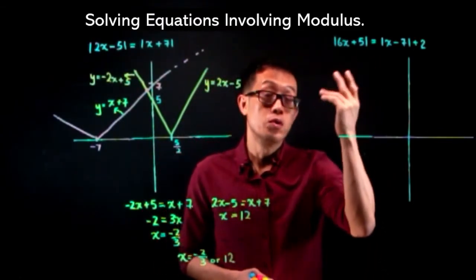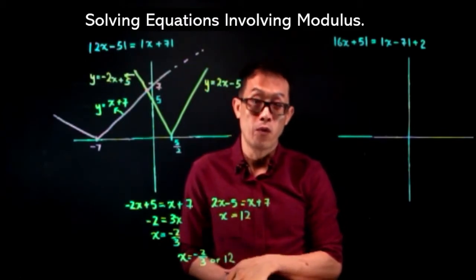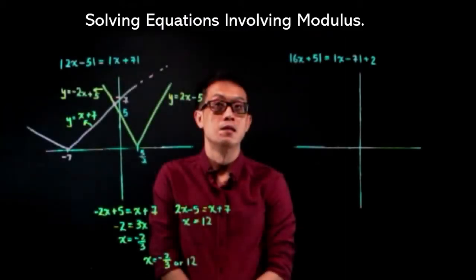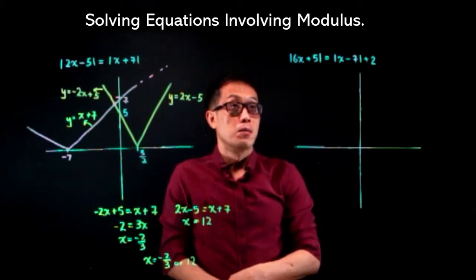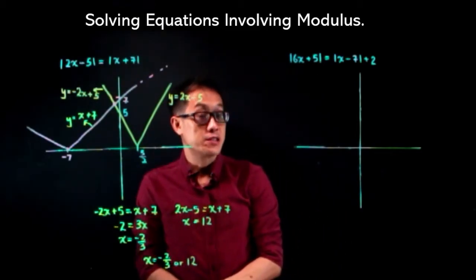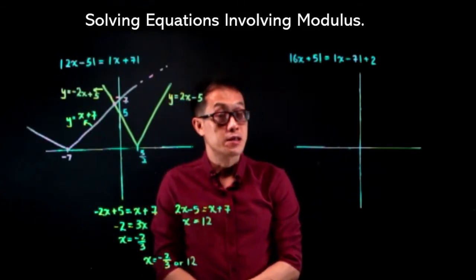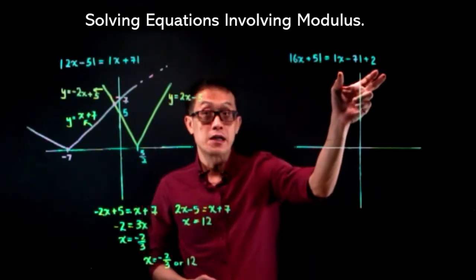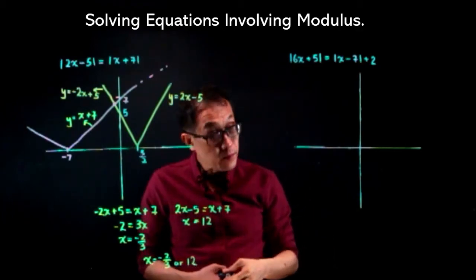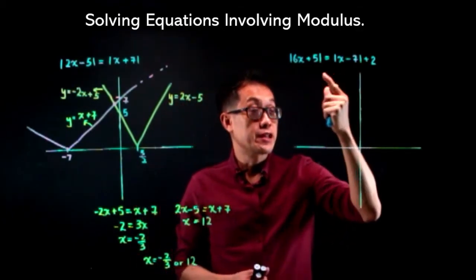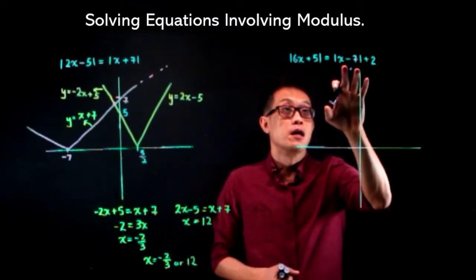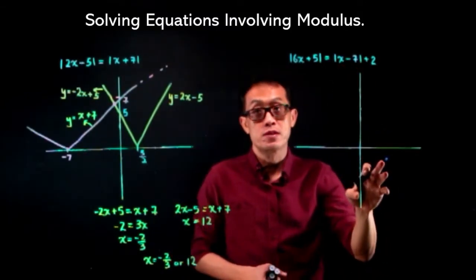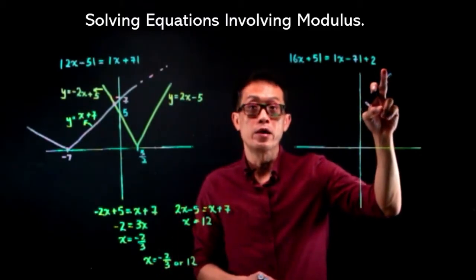Let's move on to question 4. Question 4: mod 6x plus 5 equals modulus x minus 7 plus 2. Let us sketch this graph first. Now what is the vertex? The vertex will be at x equals 7 and the y coordinate is 2.